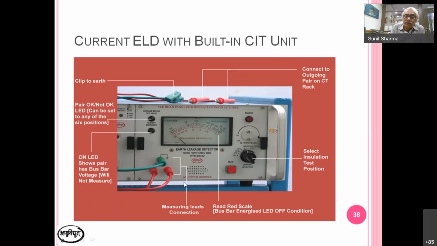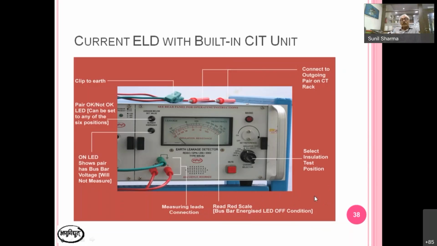So this is the CIT, and you can identify where the leakage is in the pair without disconnection, very fast and very convenient. But one problem is there. The ELD is installed in the equipment room and works near the CT rack, so it is not possible to use it in the equipment room.